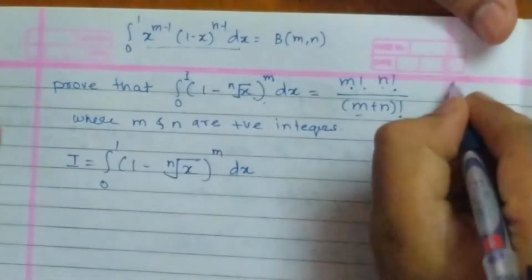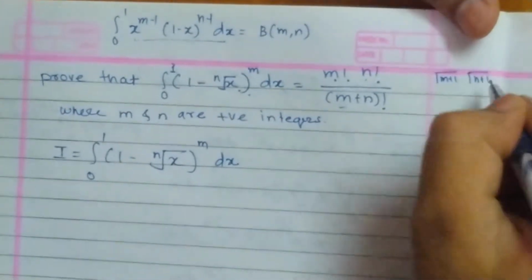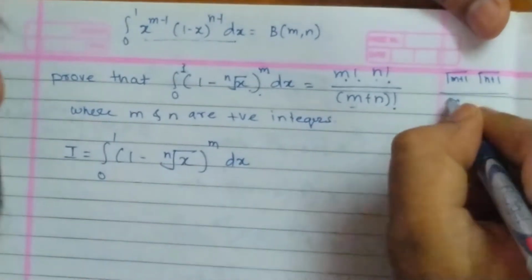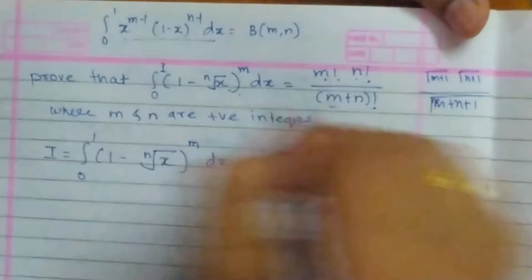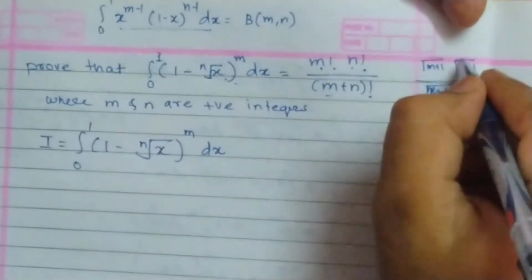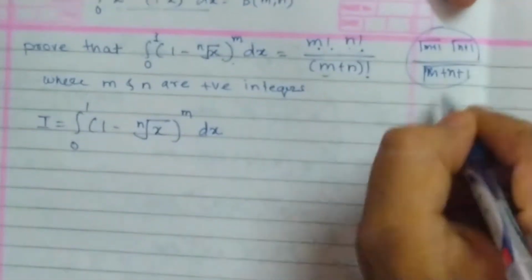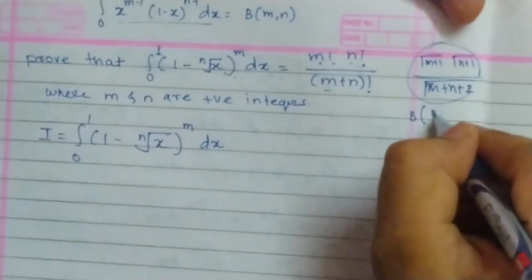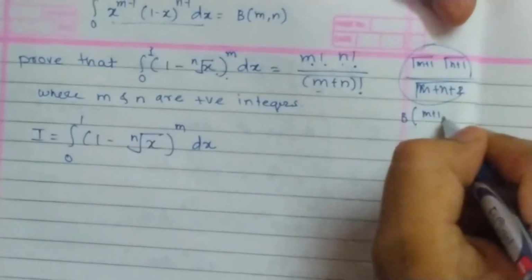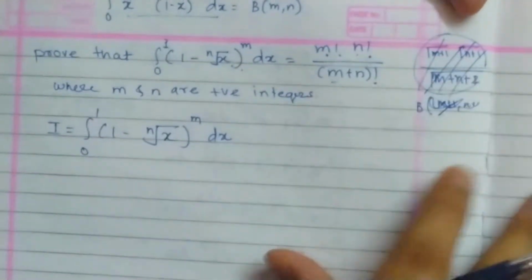We know this kind of situation, like gamma of m plus 1 into gamma of n plus 1 divided by gamma of m plus n plus 1, which is nothing but a relationship with beta of m plus 1, n plus 1. Okay, so just leave this one.